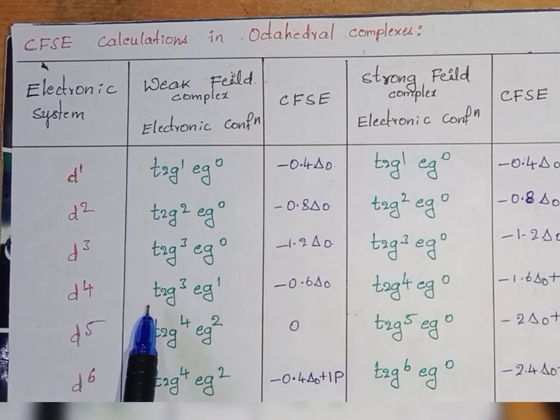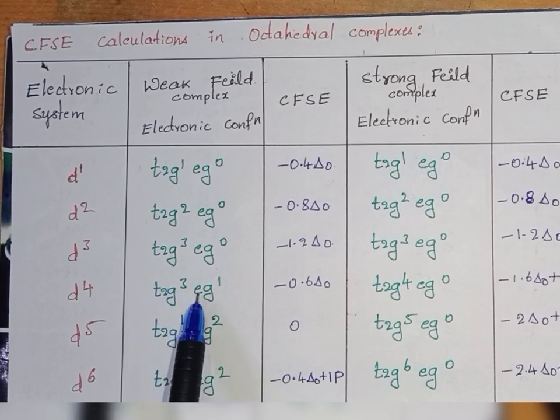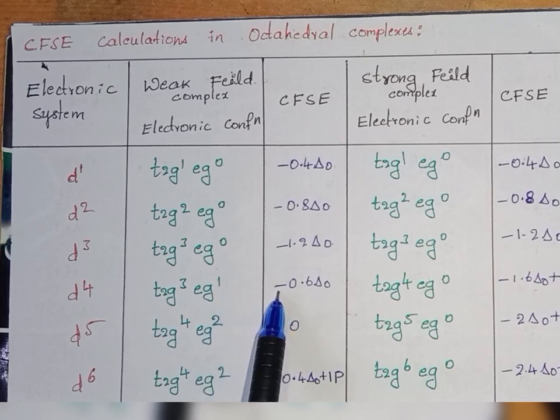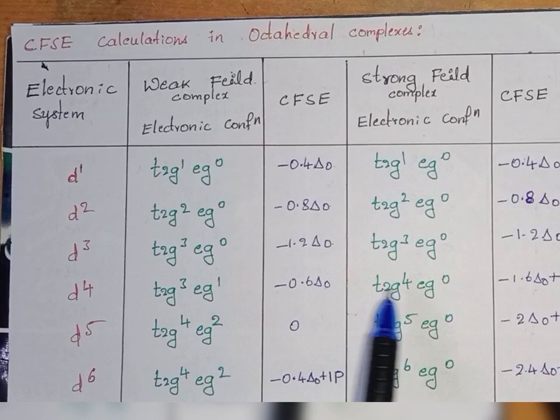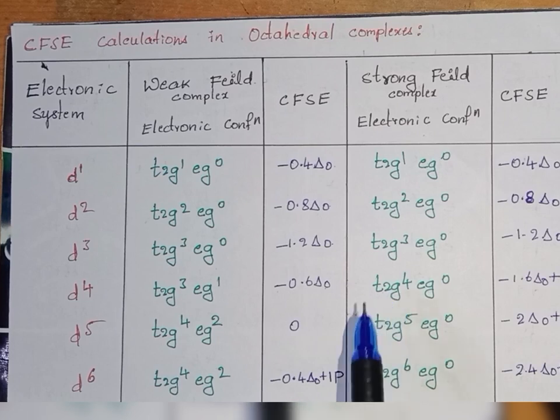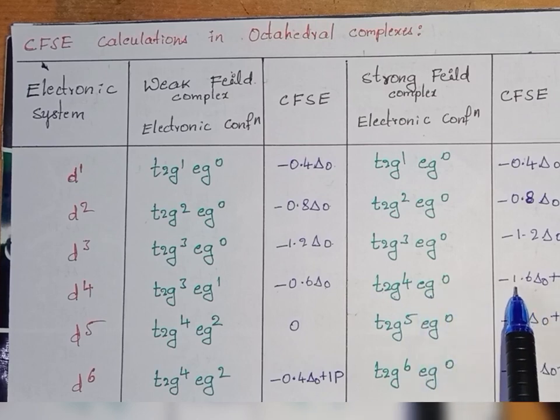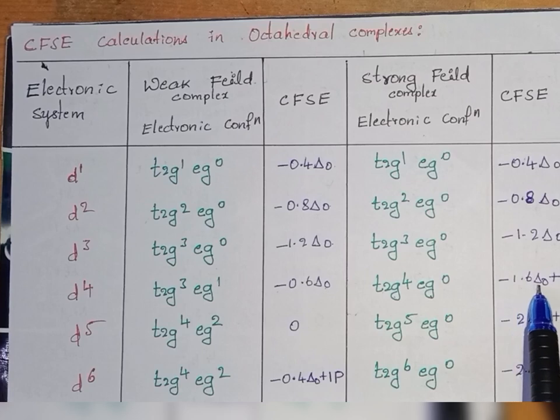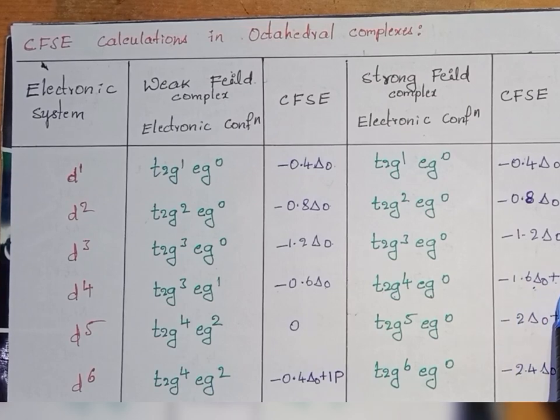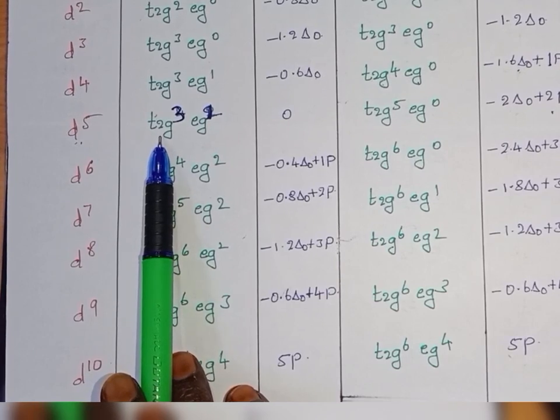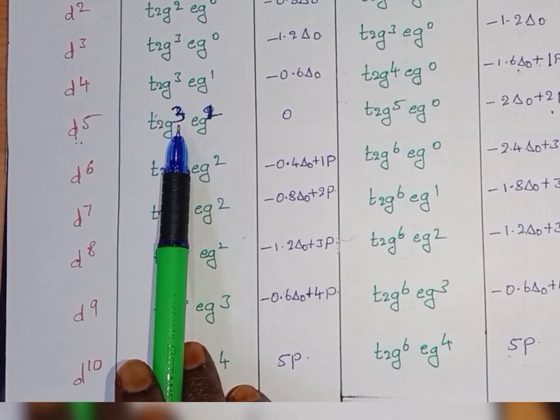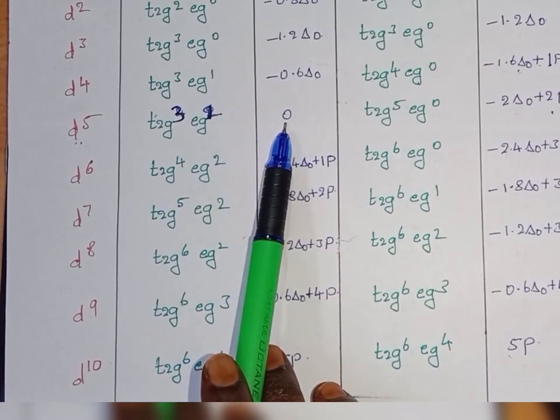For d4, in a weak field complex all the orbitals will be singly filled, so the electron configuration is t2g3 eg1 and the CFSE is minus 0.6 Δo. For a strong field complex, orbital electron pairing takes place first, so t2g4 eg0, and the CFSE is minus 1.6 Δo plus 1 pair, 1P. For the d5 system, the weak field configuration is t2g3 eg2 and the CFSE value is 0.